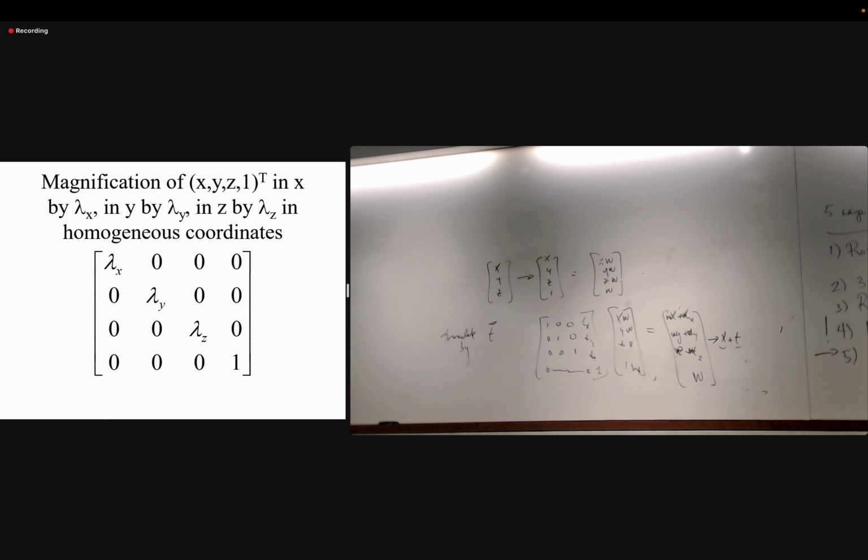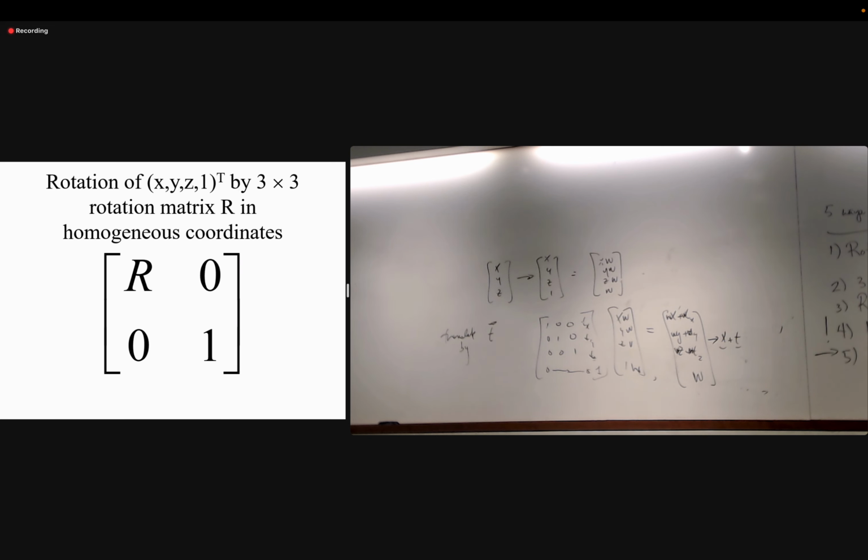Lambda x is the factor by which you stretch or compress, and it's all the same for uniform magnification. So it becomes A, 1 for uniform, and lambda x, lambda y, lambda z for non-uniform magnification.